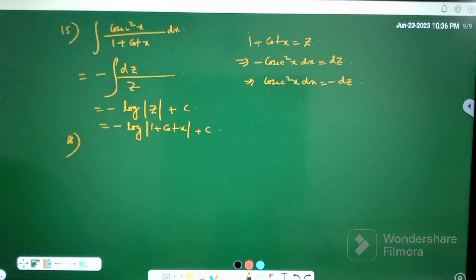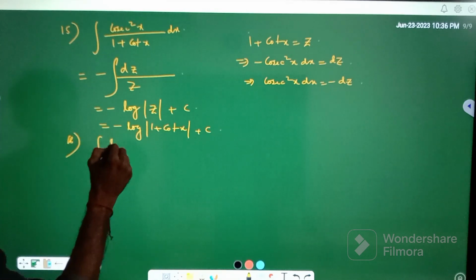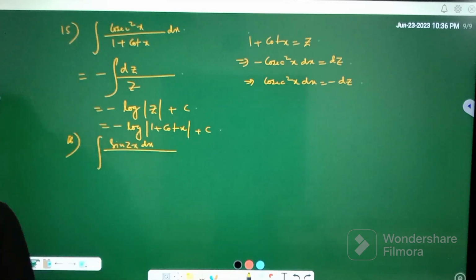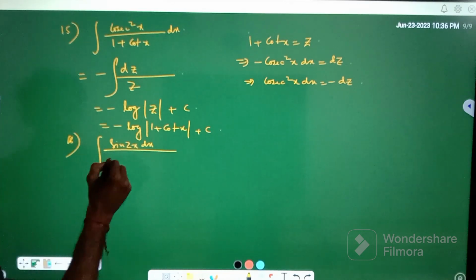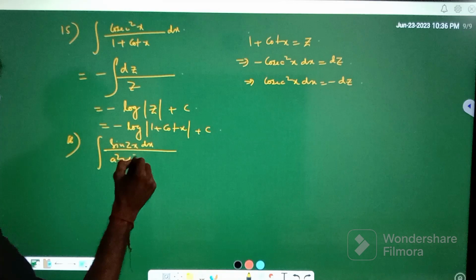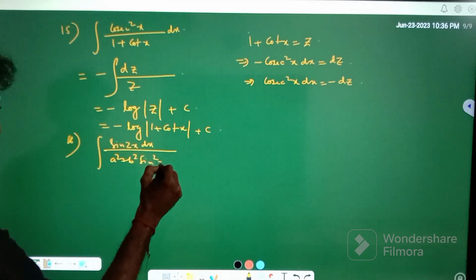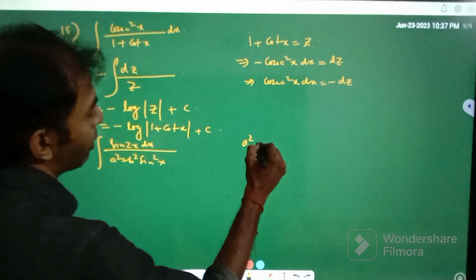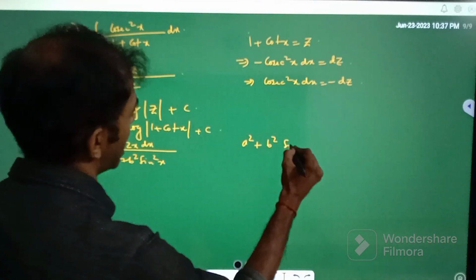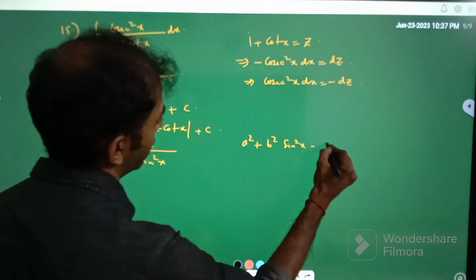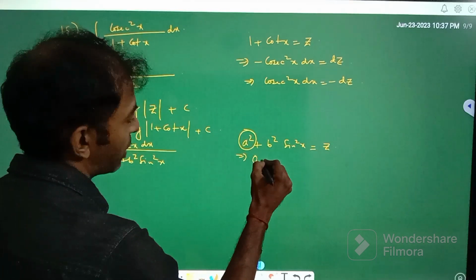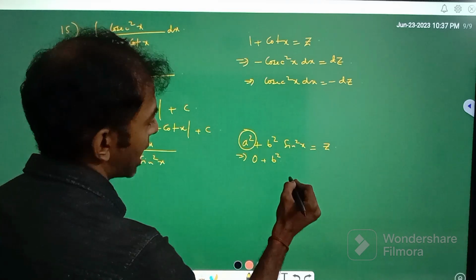The 16th problem is something like this: integration sine 2x dx divided by a square plus b square sine square x. That's our problem. You need to consider the same old thing, a square plus b square sine square x as z, and you will get the differentiation result as 0 plus b square into differentiation of sine square x.